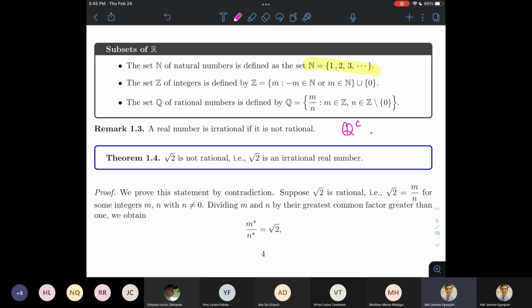Some logic books or set theory books put an apostrophe or a prime at the end for the complement of a set. So for them, the set of irrationals is Q prime. But I will be using prime for another notation later. So let's stick to using a superscript C for the complement.